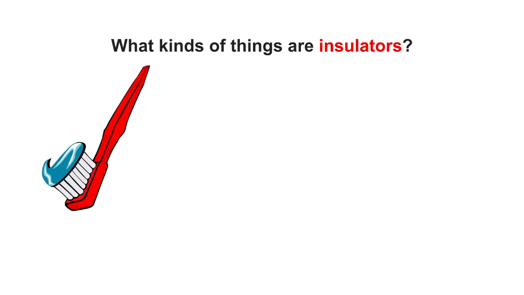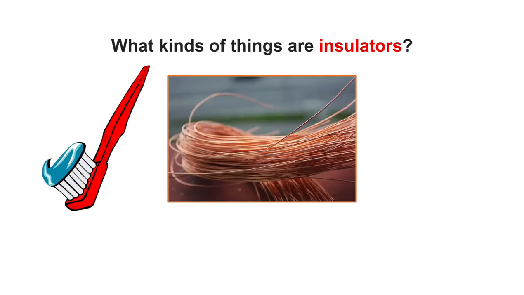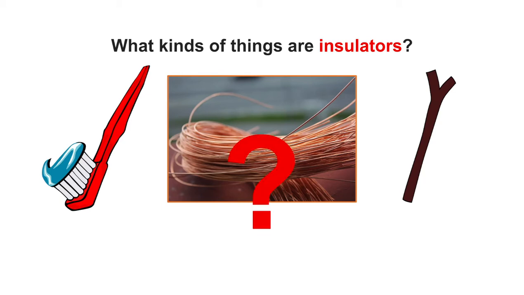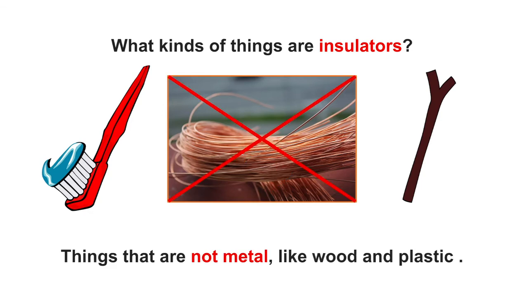And what is this picture? A toothbrush. Do you remember this picture? Wire. Good, wire. And the stick. Okay. So insulators stop electricity. They are not metal. So what kind of things do you think are going to be insulators on this?